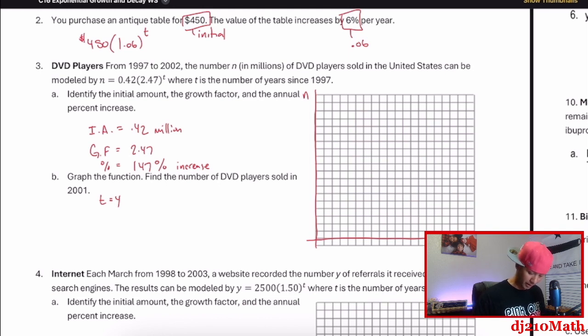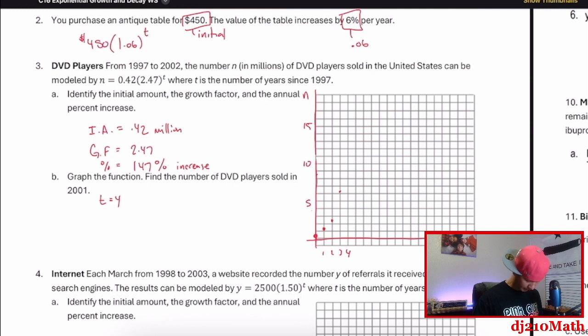So if we go by ones, this is going to look like this. So it's going to be slightly less than 1, right? Because 0.4. And then at 1, it's going to be slightly more than 1. Squared will be a little bit more than 2. 3 is going to be slightly more than 6.